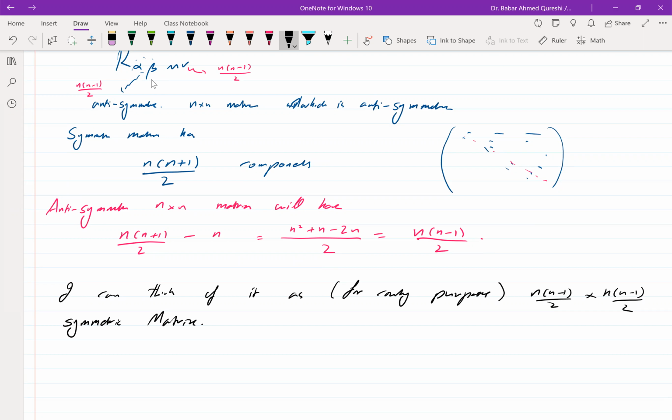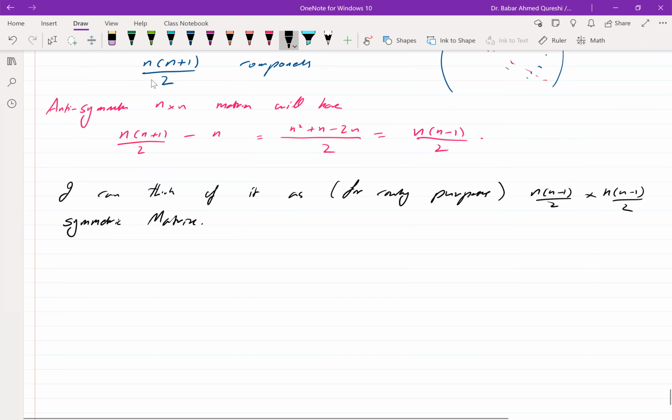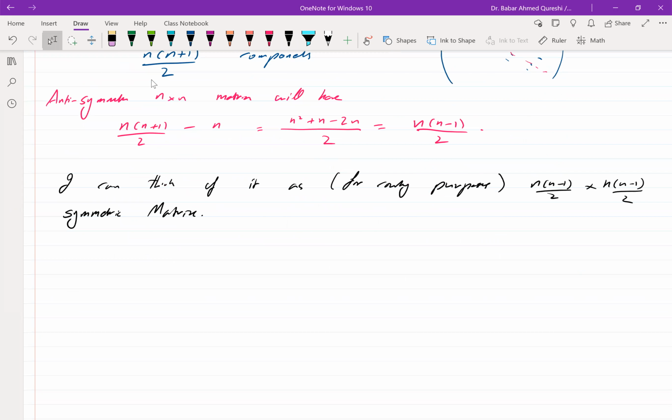Right, because when I exchange this combined index with this one, nothing happens. So it's an n(n-1)/2 by n(n-1)/2 symmetric matrix.